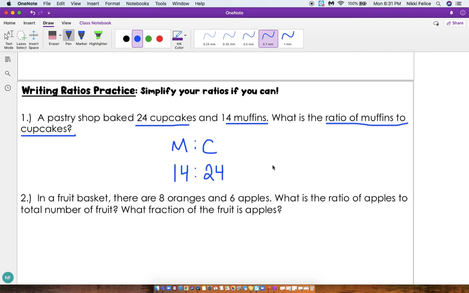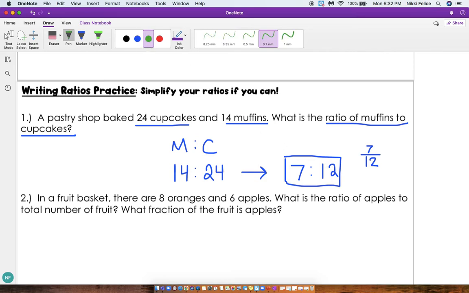We can divide both of these numbers by 2 and get the ratio 7 to 12. So the ratio of muffins to cupcakes is 7 to 12. Now don't forget, I also could have written 7 to 12 like this, with the colon in between, this is your standard form. So I'm going to leave it like that.